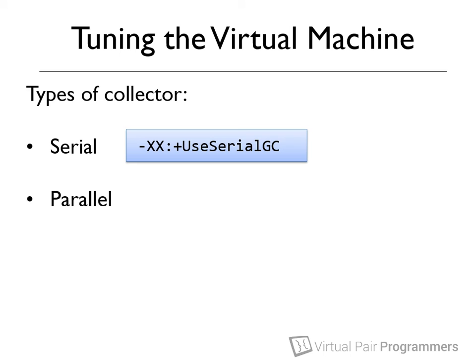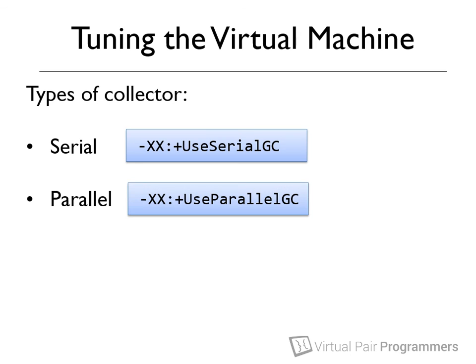This option is normally good for larger data sets also, as it can give better performance than the serial collector. This collector is sometimes called the throughput collector, and you can select this option using the -XX:+UseParallelGC command line argument.